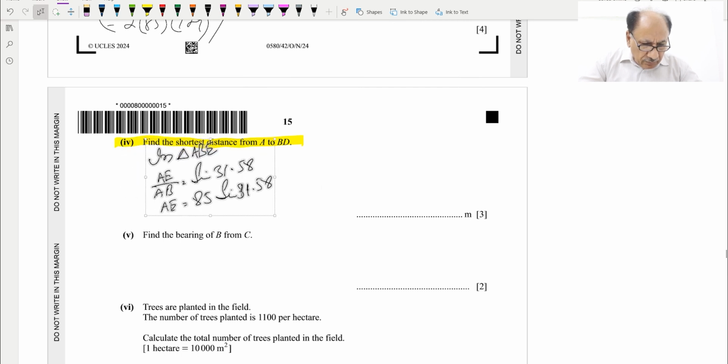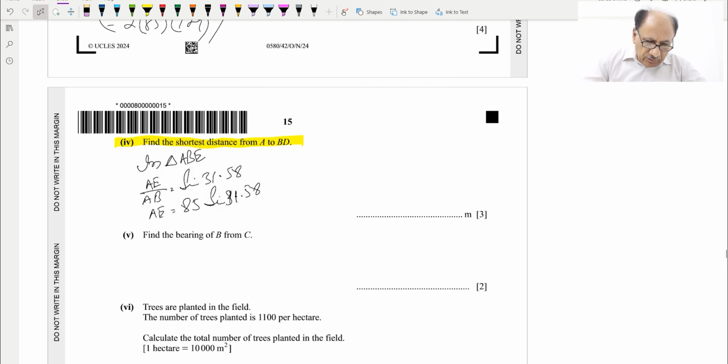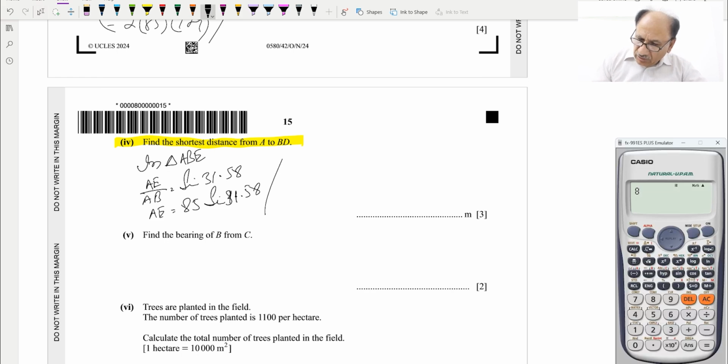So this will be our answer: 85 sine of 31.58, and this is giving us 44.189, or we can write 85, it's 85 basically, typing mistake, so it will be 44.51.